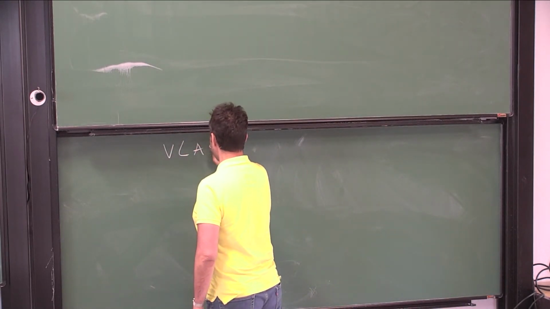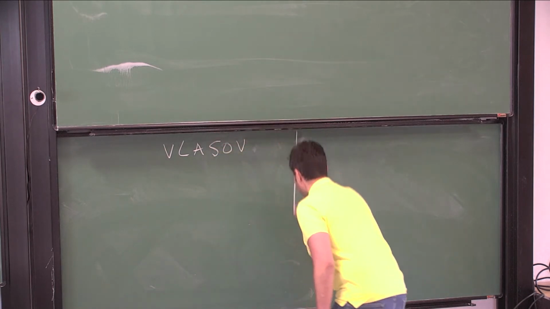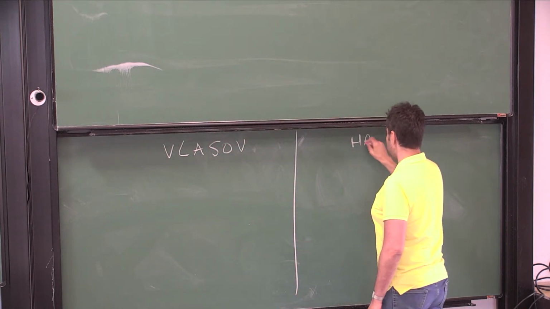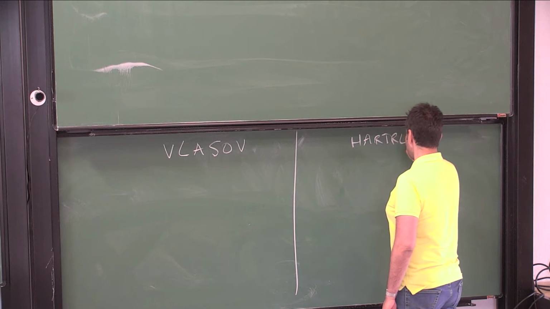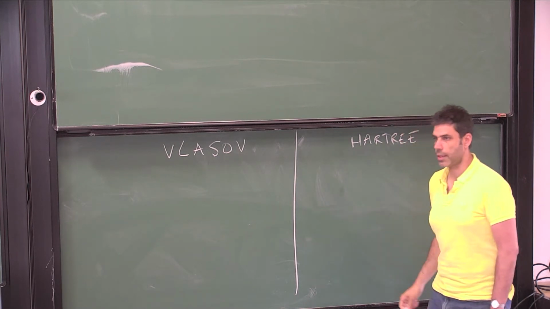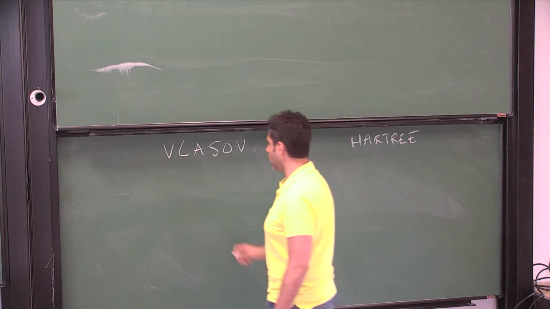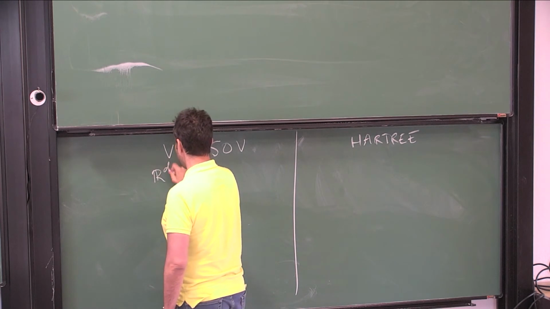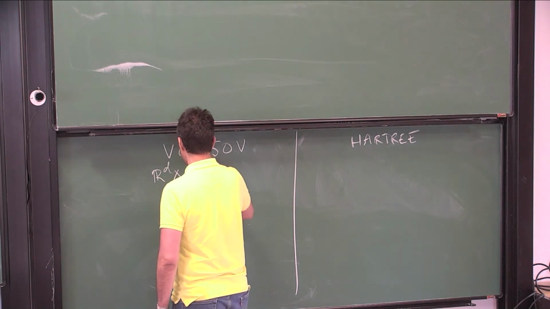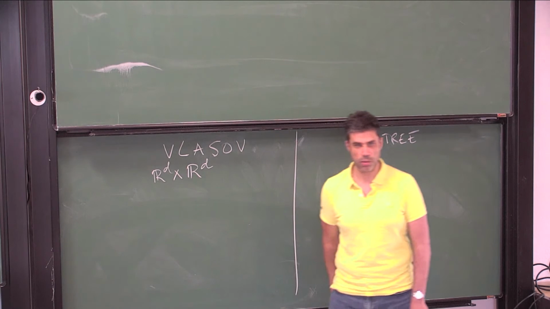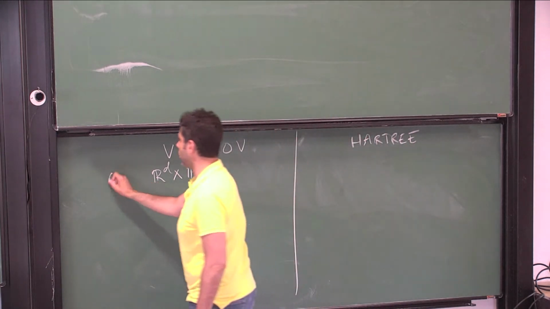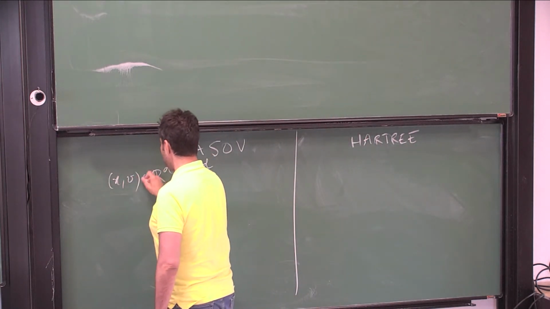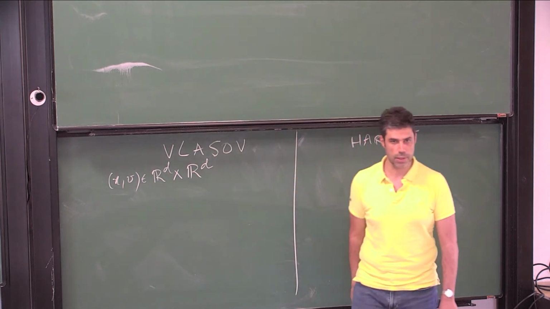Let me put Vlasov on the left side and Hartree on the right side. First there's the space. In Vlasov, we work on phase space, so our space is really positions and velocities, x and v, which correspond to the positions and velocities of the particles.